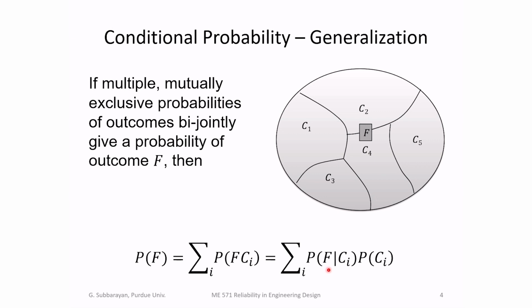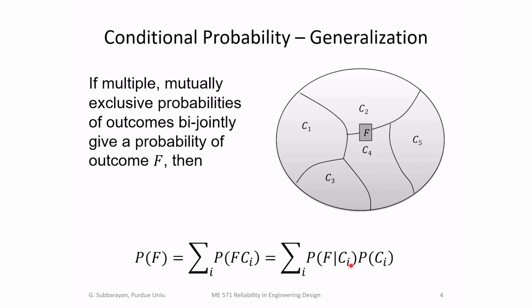Okay, given that a failure has occurred, what is the probability that it occurred due to cause 1 or cause 2 or cause 3 and so on? That's really what we seek in practice. But in a laboratory environment, it's much easier to characterize failure under an isolated cause. So in other words, we would look specifically at one cause and ask the question, what's the probability that the system would fail due to a specific cause?